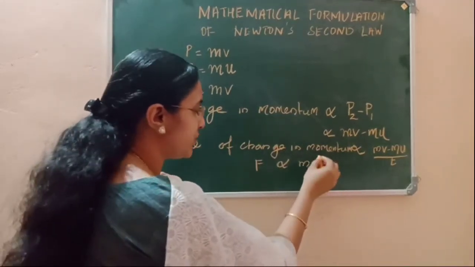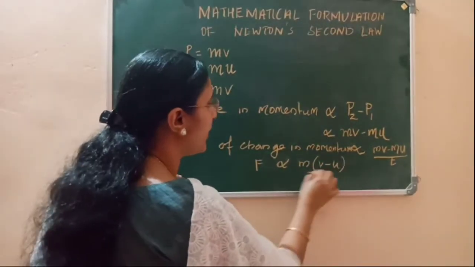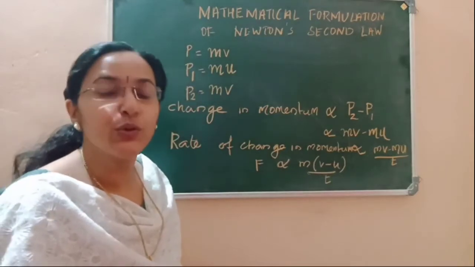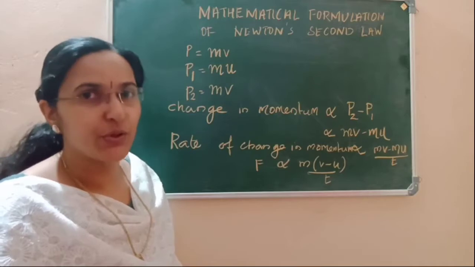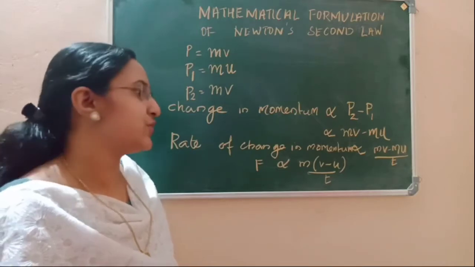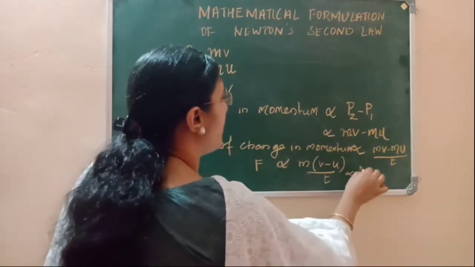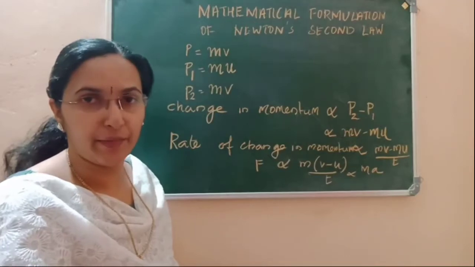Now we can take m outside, that is m times v minus u by t. And v minus u by t is already familiar to you, it's acceleration. So instead of v minus u by t we can write acceleration. F is proportional to ma.